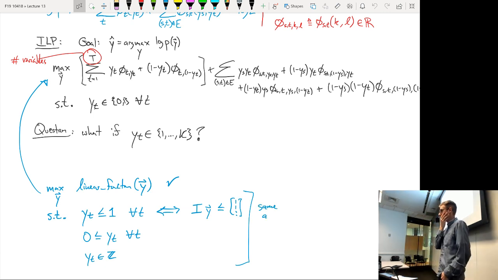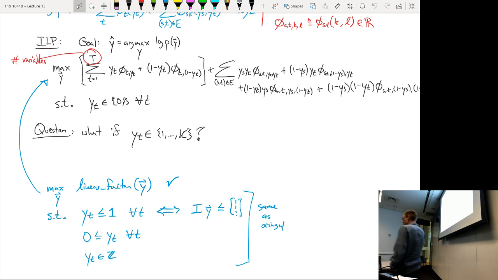Can you explain more about why this is a linear function of y? Because to me it seems quadratic, like when you have a ys times a yt. Oh, yeah, so we did write it wrong.